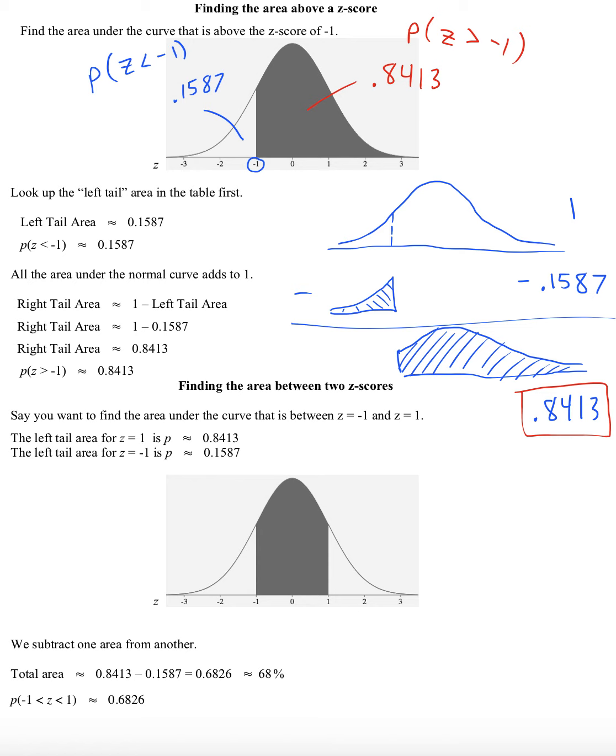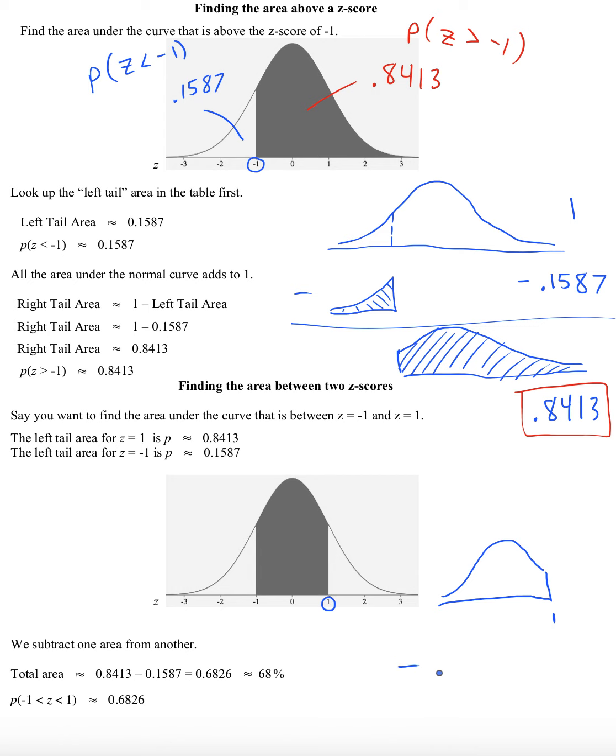Now what if you want to find the area between two z-scores? Well, first what we'll do is we'll find the area to the left of the rightmost z, which is 1 here.